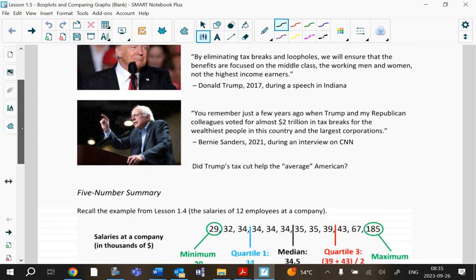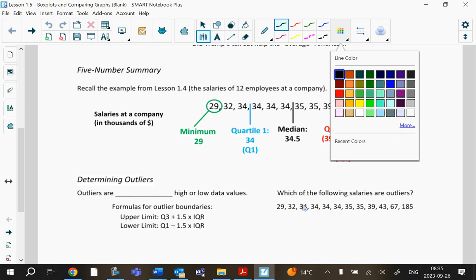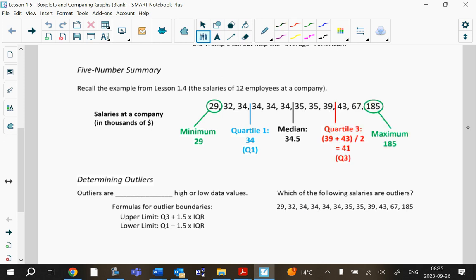Okay. In the last lesson, we talked about the 5-number summary. And when I say 5-number summary, it means these ones. Okay? And we were able to find these using our graphing calculator.